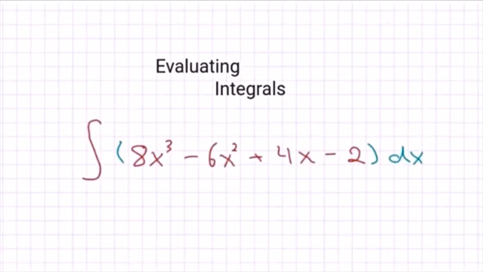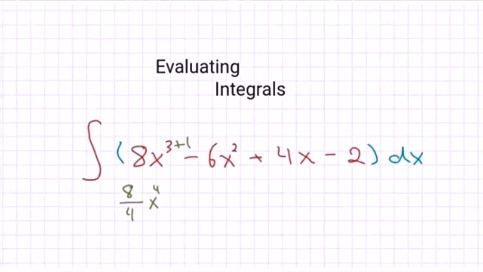The indefinite integral of 8x to the power of 3 minus 6x to the power of 2 plus 4x minus 2 dx. 3 plus 1 will give us 4. And we're going to write down 8 over 4x to the power of 4. 2 plus 1 will give us 3.